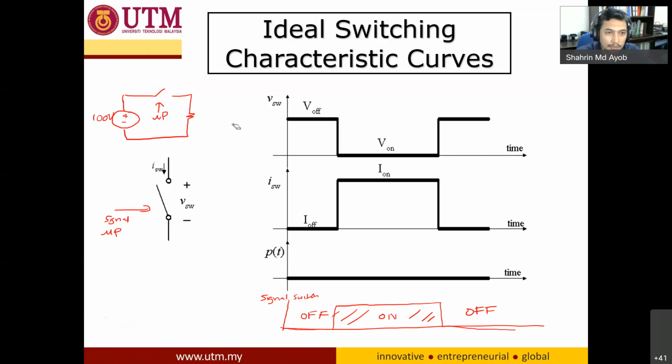So when the signal is off, can you calculate for me what is the voltage across the switch?